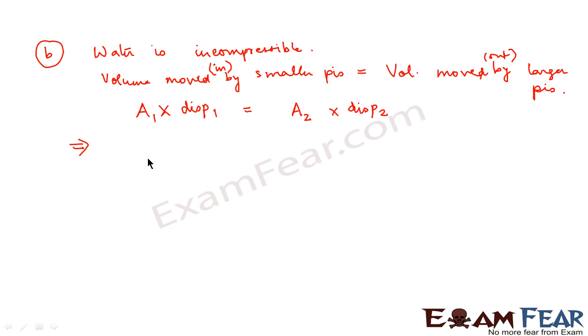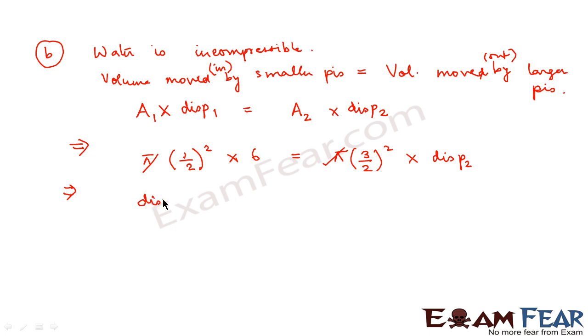Cross-sectional area of the smaller piston was pi into (1 by 2) whole square into displacement, which is 6 centimeters. So this is equal to A2, which is pi into (3 by 2) whole square into displacement 2. So this pi and pi will get cancelled.